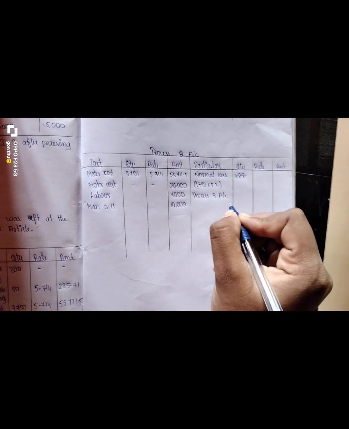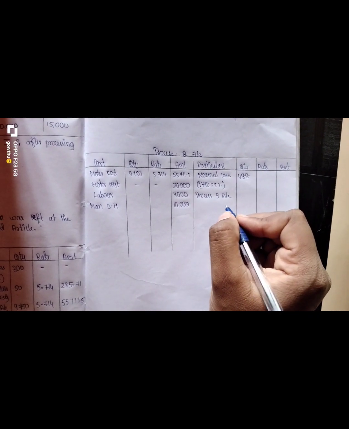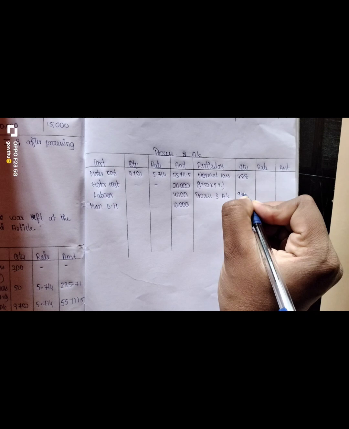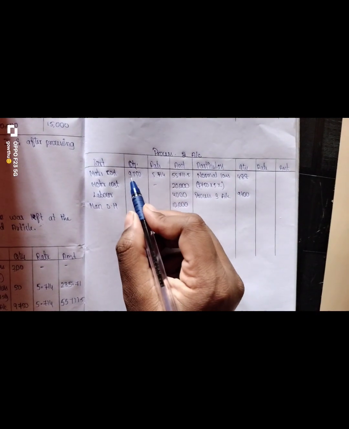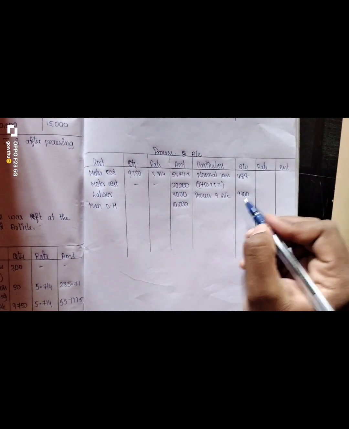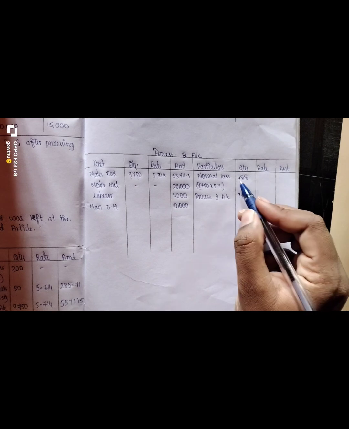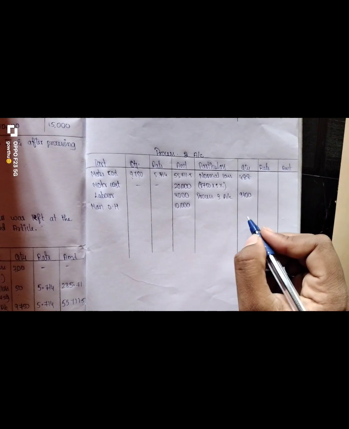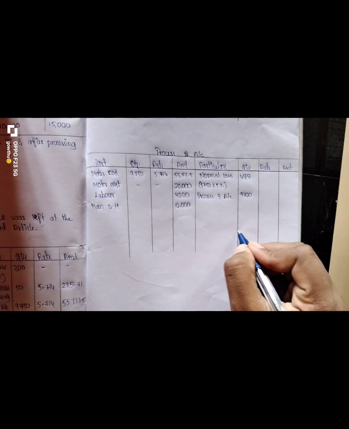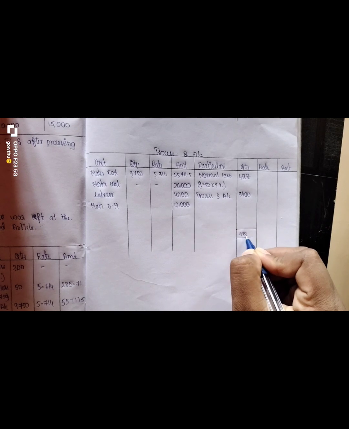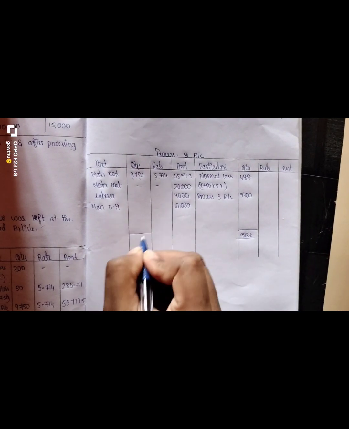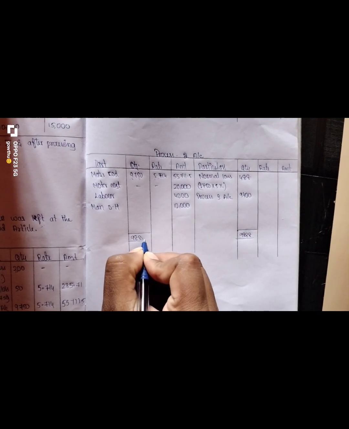Now process 3 account. For process 3 account, how many units they have giving? 9,400 units. Now here 9,750 is there. Here 9,400 plus 488, if we total, we will get 9,888 units. Here also we have to get the same, right?